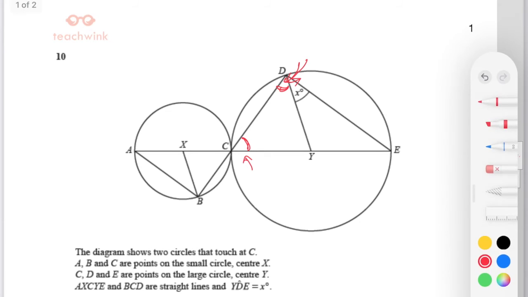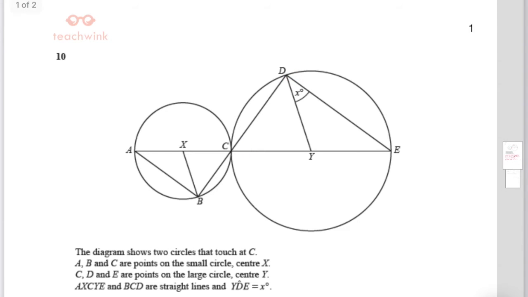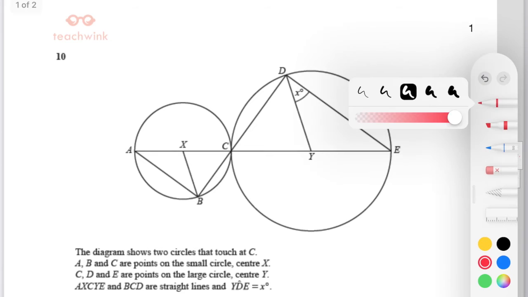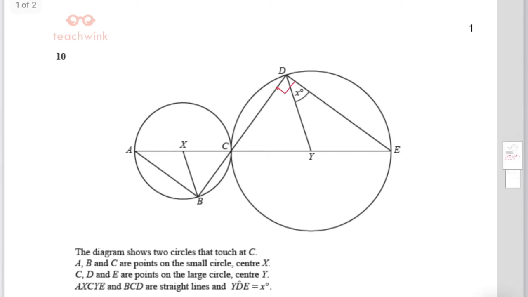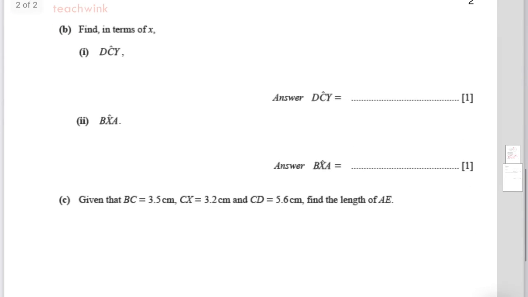According to a circle property, this angle is 90 degrees because CE passes through the center and it's the diameter. So if we just talk about this angle, it is going to be 90 minus x. If this is 90 minus x, that means this is 90 minus x. So we write the statement right here. It is going to be 90 minus x.